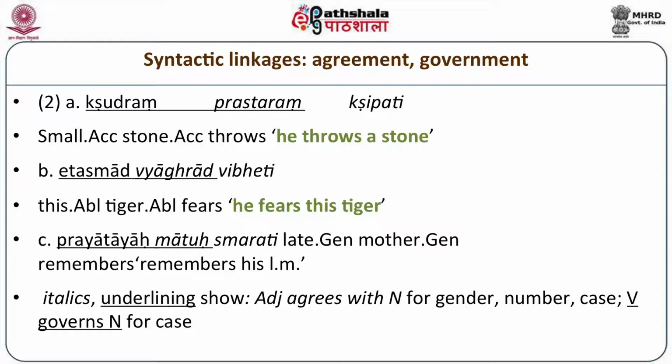But, those structuralists have said, when you say that prayataya copies the feminine gender from matuh, and therefore there is agreement for gender between matuh, mother, and prayataya, dead, you are making a mistake.